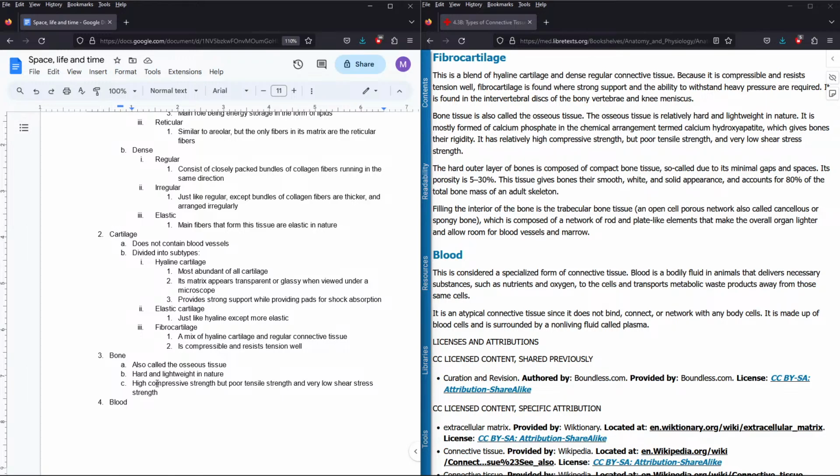Filling the interior of the bone is the trabecular bone tissue, an open cell porous network, also called the cancellous or spongy bone. I like the spongy bone most, which is composed of a network of rod and plate-like elements that make the overall organ lighter and allow room for blood vessels and marrow.